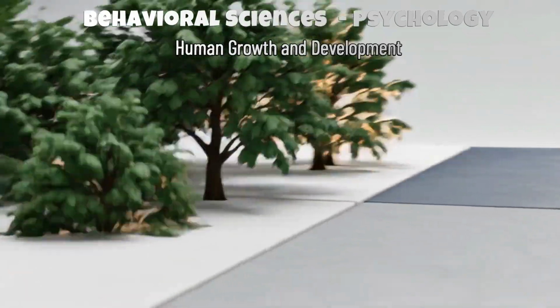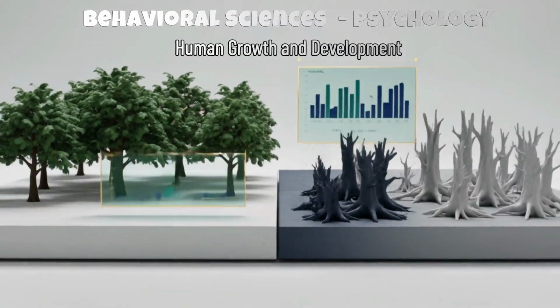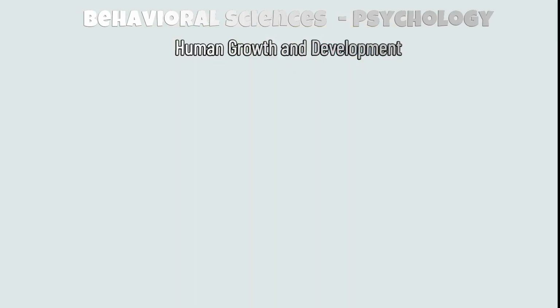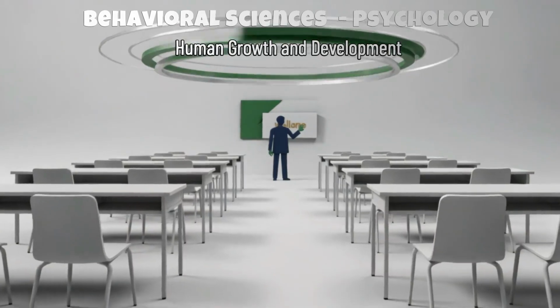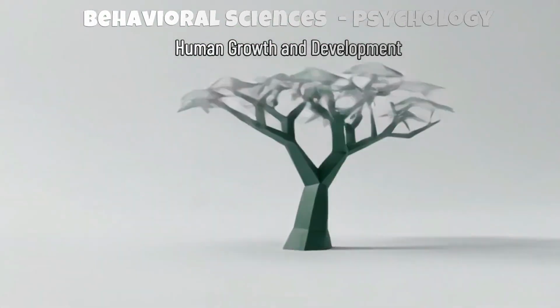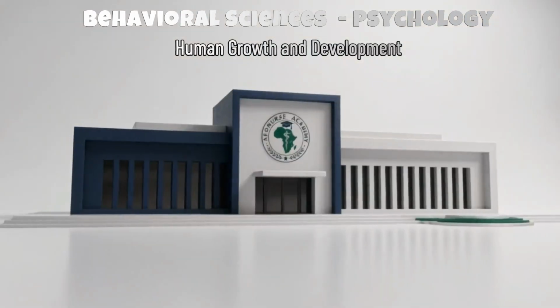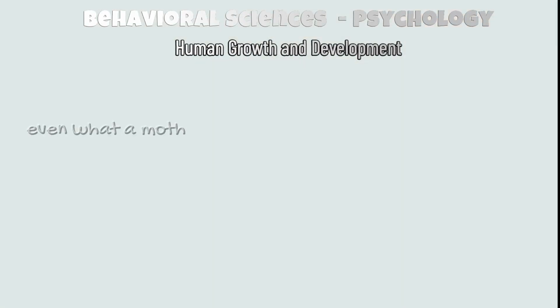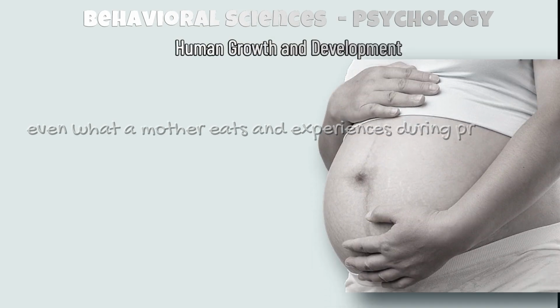The nurture side says that the environment we grow up in shapes who we become just as powerfully, if not more so. Environment includes nutrition, education, family relationships, socioeconomic status, cultural practices, healthcare access, trauma, and even what a mother eats and experiences during pregnancy.